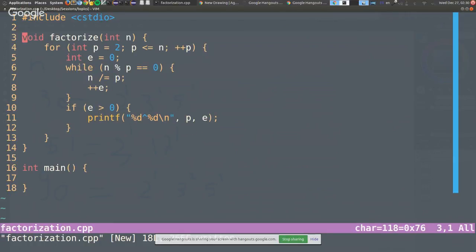Here you can see that the factorization goes through all p from 2 until n. Here is the exponent, we keep increasing it. Whenever n is divisible by p, we keep dividing by p, and we add to this e. So we are counting the exponents until we can't divide by p anymore. And here, if there was any p, we'll just print.